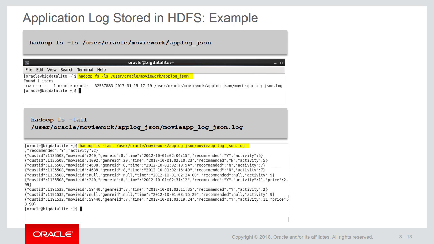Notice that the file contains every click that has taken place on the website. The JSON log captures the following information about each interaction: customer ID, movie ID, genre ID, time, recommended, and activity. We will use this file in the examples on the next few pages.